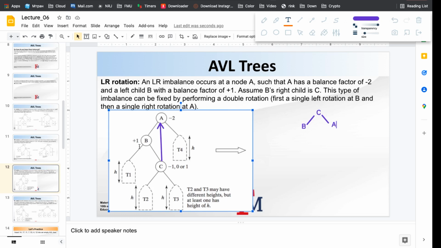Okay, and now let's see what happens to T1, T2, T3, T4. The easiest things to discuss first are T1 and T4. So T1 contains the lowest values in the entire tree. That's why it has to stay on the leftmost side, right? So T1 was on the left from B. That's why it has to keep staying on the left from B. Okay, so T1 is here.